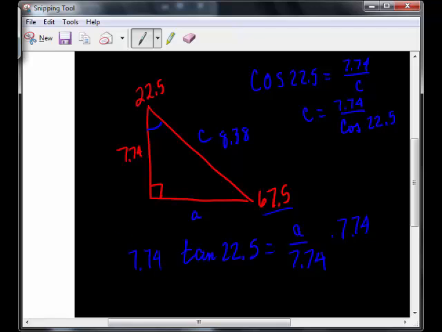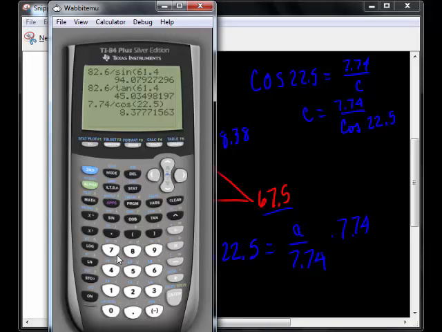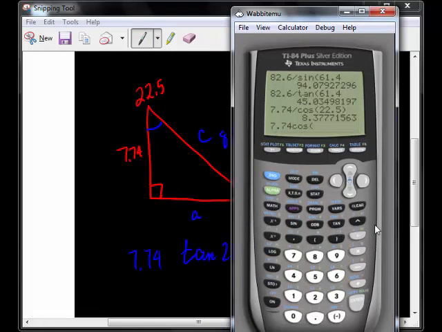So we would type 7.74 cosine. No, that's not cosine, that's tangent, isn't it? 7.74 tangent 22.5, and we get 3.21.